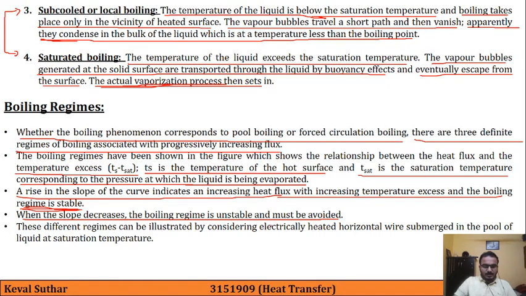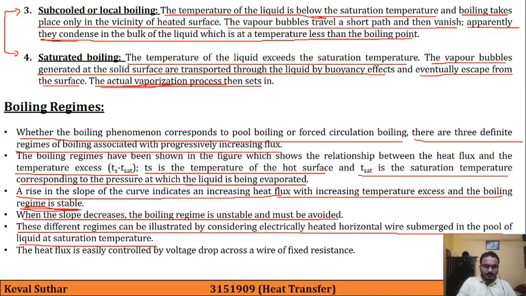And these different regimes can be illustrated by considering an electrically heated horizontal wire submerged in a pool of liquid at the saturation temperature. The heat flux is easily controlled by the voltage drop across a wire of fixed resistance.